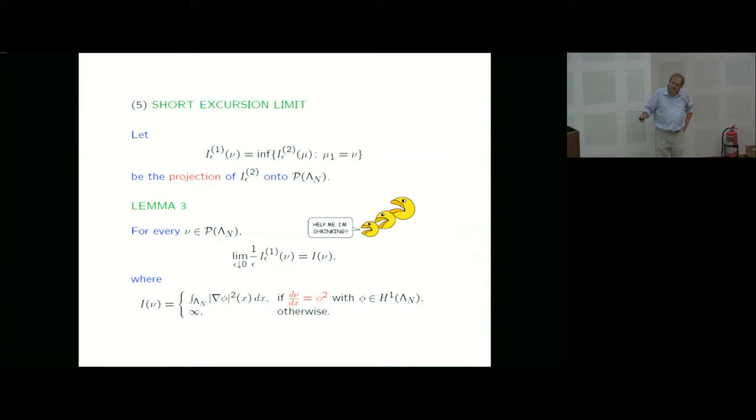Let me call that the rate function of something. Then what happens is that this object has a nice shape. It's the shape as we want it in our variational formula. Namely, if you take this object, you divide by epsilon, and you take epsilon to 0, you end up with exactly the rate function that we're after, which is this Dirichlet form associated with Brownian motion.